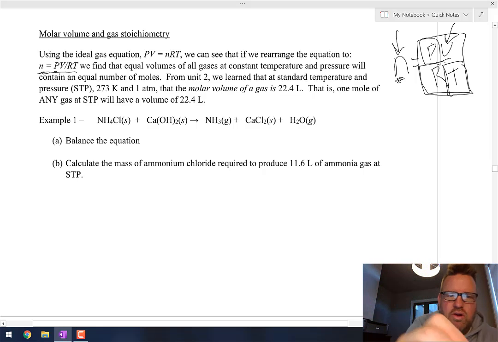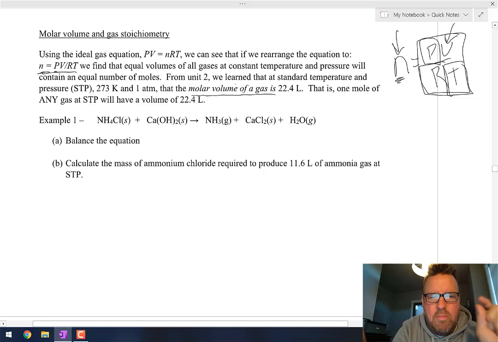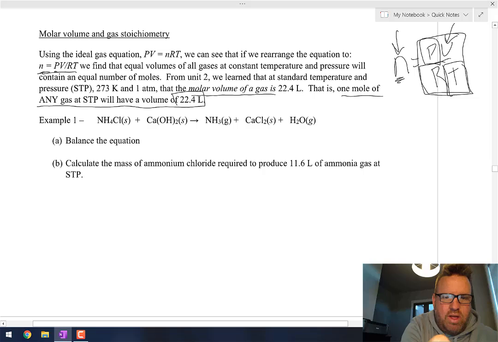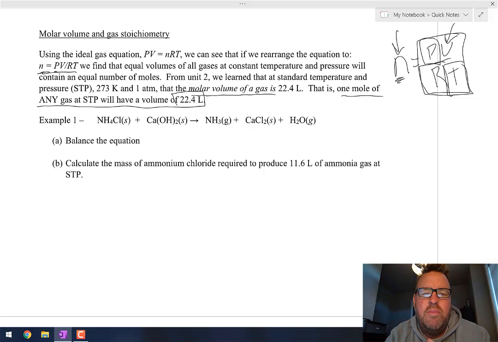And so we learned the molar volume of a gas: 1 mole of any gas at STP will have a volume of 22.4 liters. And that sometimes makes your math, especially on a multiple choice question, much, much easier. So let's look at a couple of examples that may involve this 22.4, and I'll show you a couple of different ways that you can solve those problems.